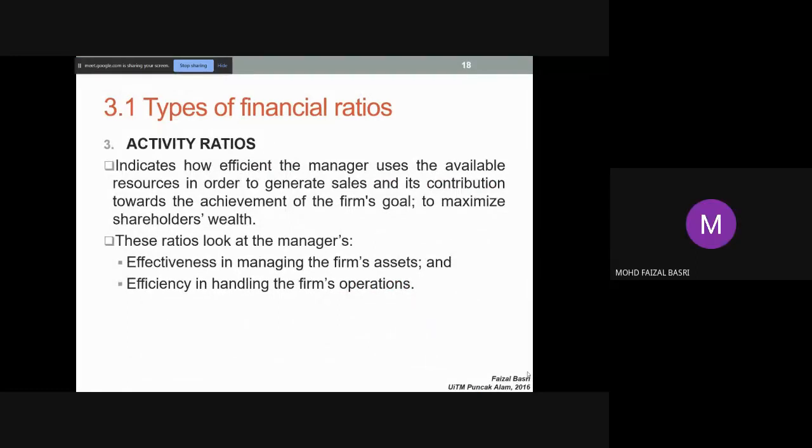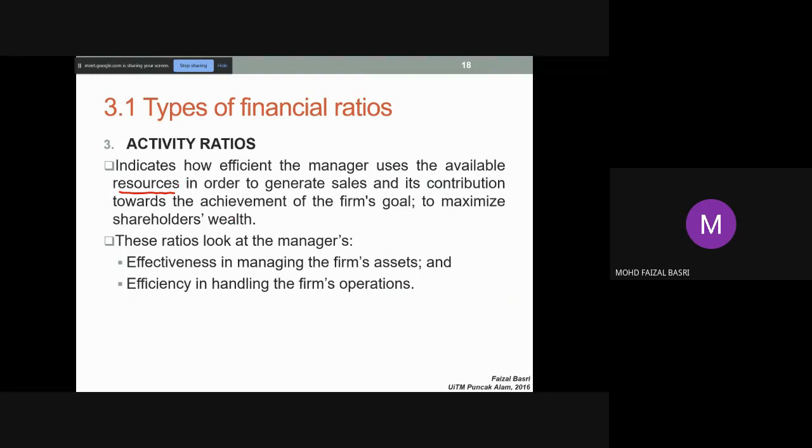Now, this is the third one, the activity ratios. For these activity ratios, we're going to look at performance internally, how efficiently the managers use the available resources. When we talk about resources, usually we look at the assets.